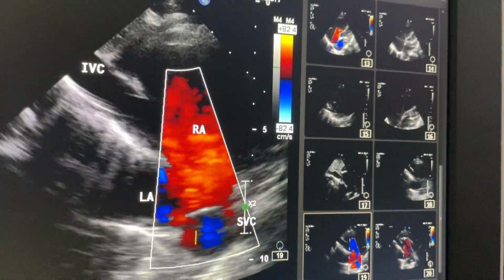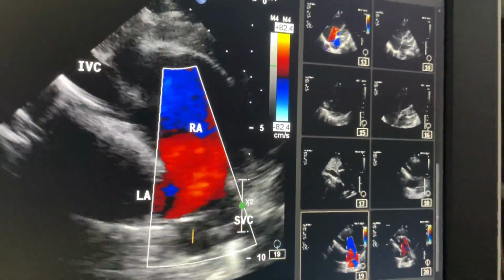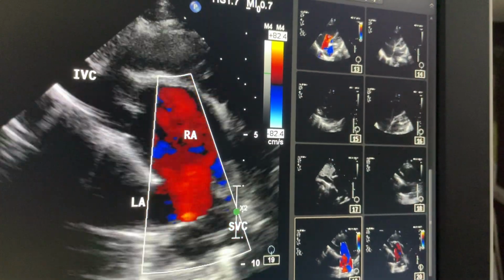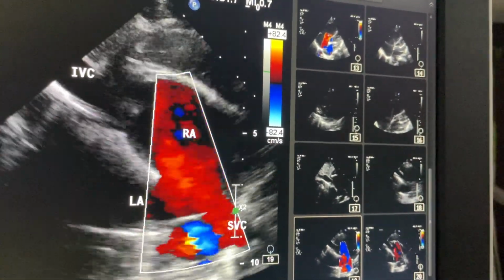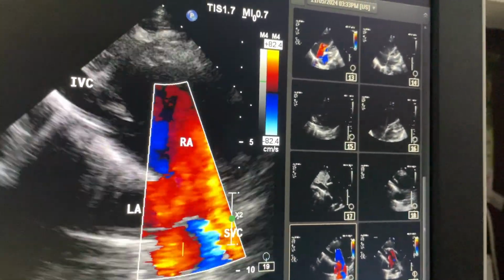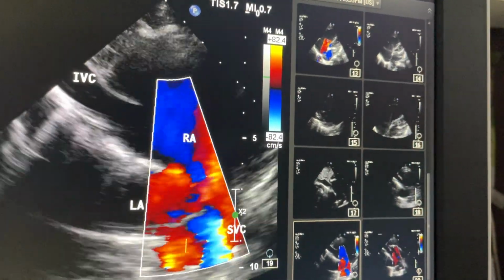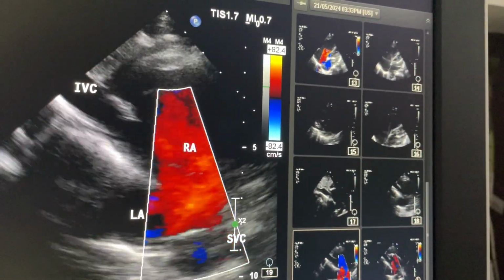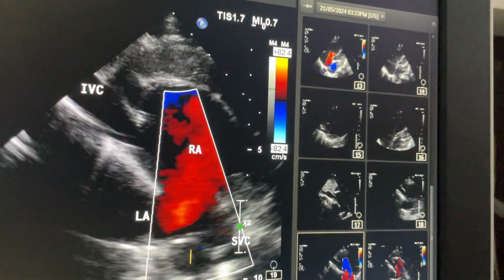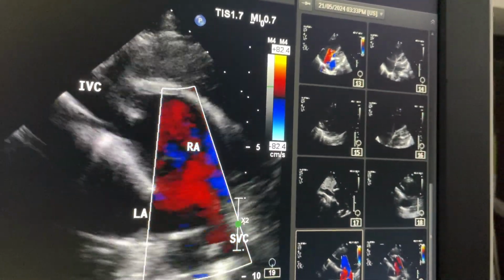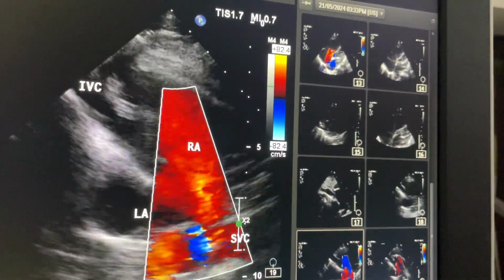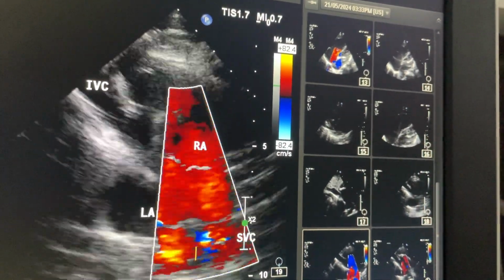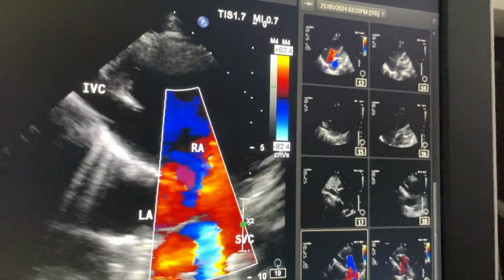As you know, the IVC is slightly to the right of the midline, so the sagittal plane is slightly to the right side. So you have to make this image in the sagittal plane slightly on the right side, where you see the IVC and SVC both. Whenever you see the IVC, SVC, right atrium and left atrium all together, you will always get this sinus venosus ASD.